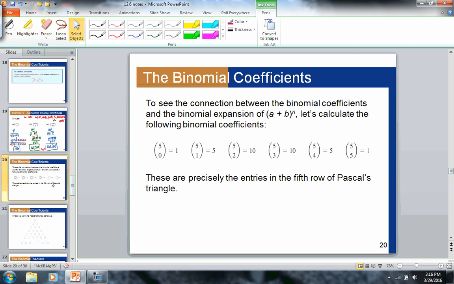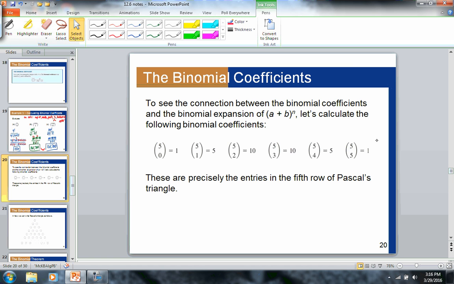All right, so when we're dealing with Pascal's triangle, this is how we're going to use these numbers. And we'll talk about more of this in the next part of these notes, in day 2 of the notes. But this is just going to set up how we would use the 5th row of Pascal's triangle.